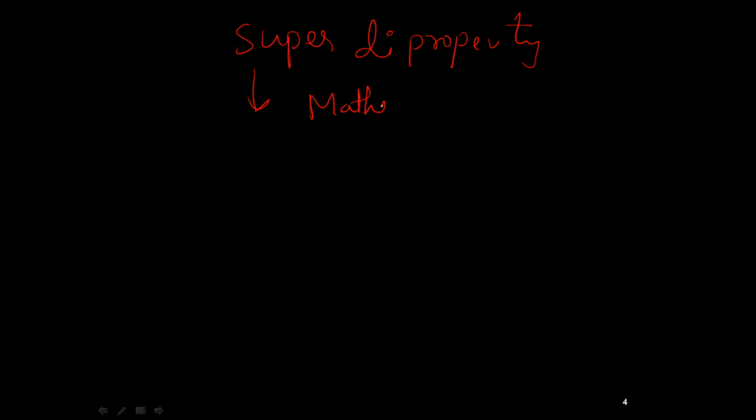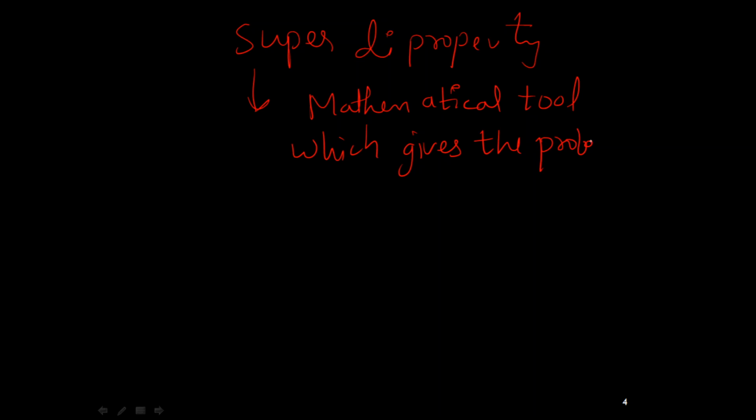So obviously, it is the super die property. The super die property is a mathematical tool which gives the probability value.